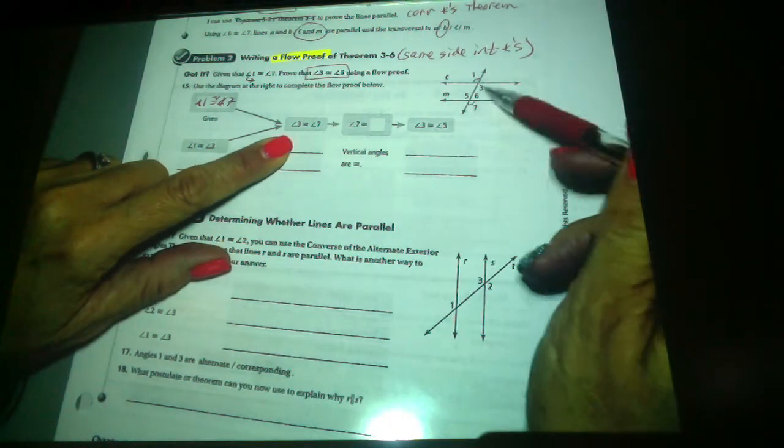So underneath each of the boxes, there is a verbally written reason. So your statements go in the boxes, and your reasons go underneath. So our given was only one thing. Angle 1 is congruent to angle 7. From this, they're saying we can conclude that angle 3 is congruent to angle 7.